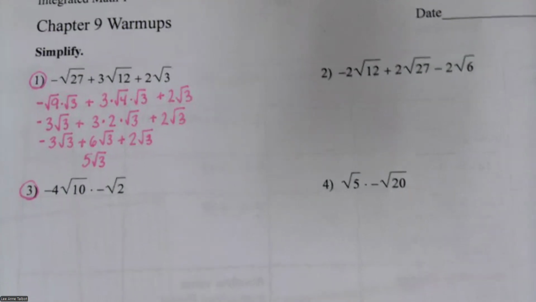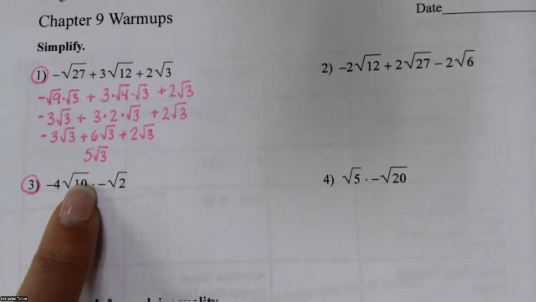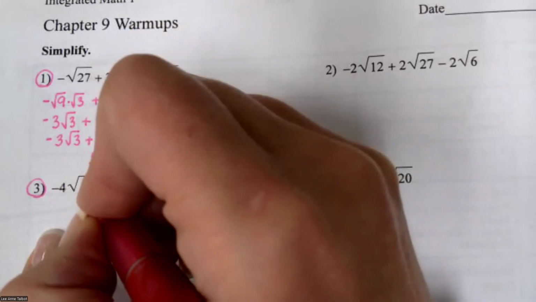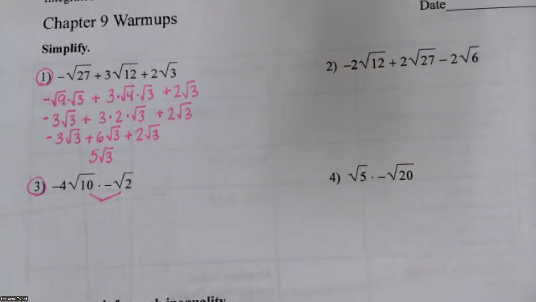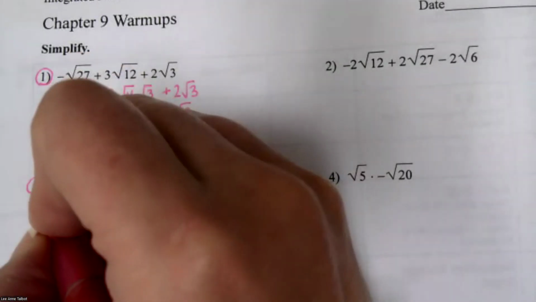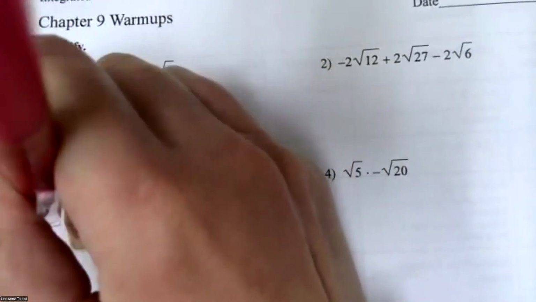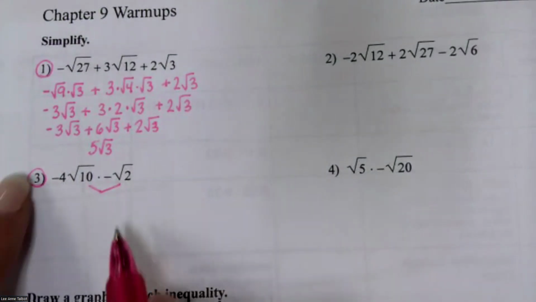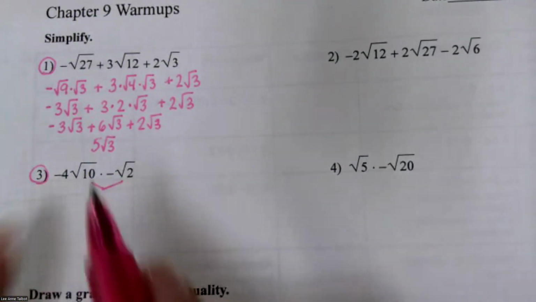Okay, number 3. This one is multiplication. So the first thing I'm going to do is combine the two numbers underneath the square root. So this is negative, actually it's positive 4. Can you guys see the positive 4? Two negatives make a positive.